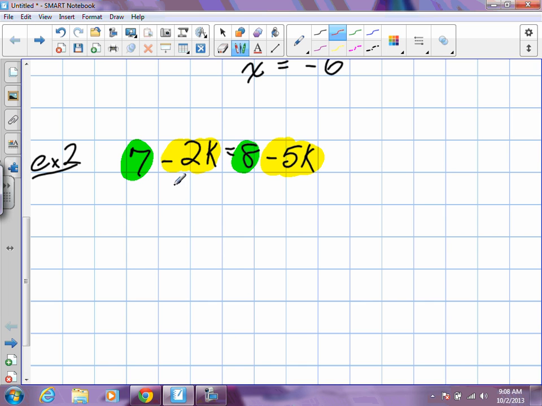So if I need to move -2k to the other side, what does it need to become? Positive, that's right. So on the left, I'll only have the number 7 left, is equal to, remember that equal sign is very important, 8 minus 5k plus 2k. Right?